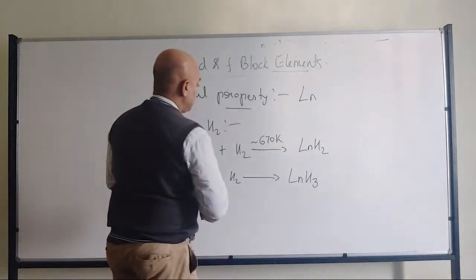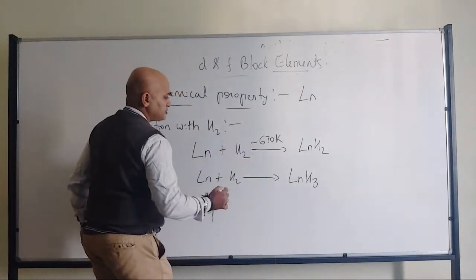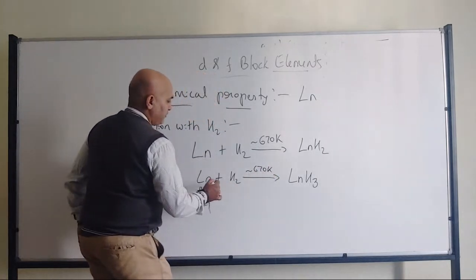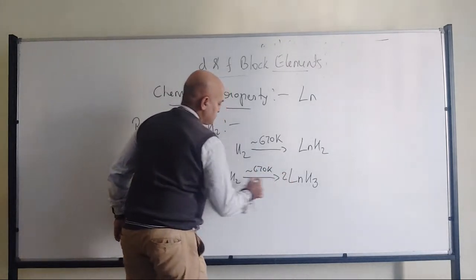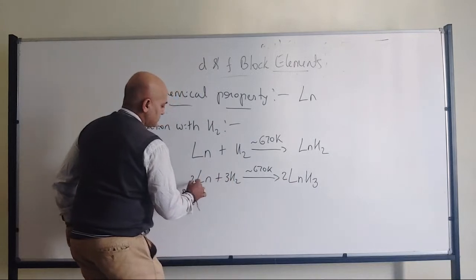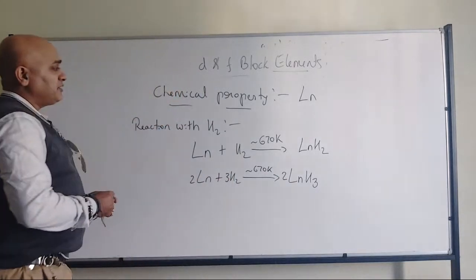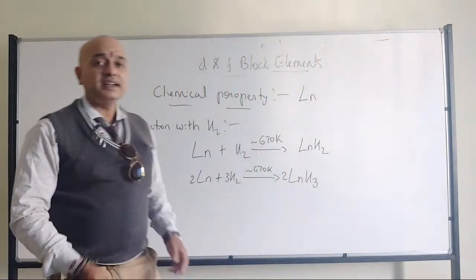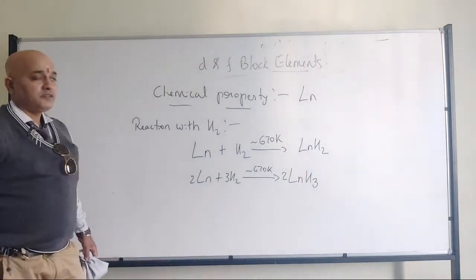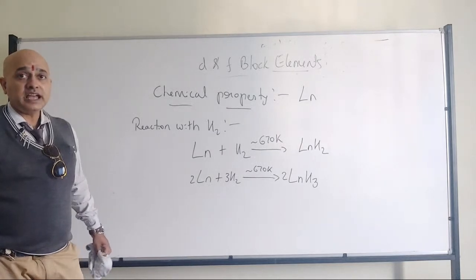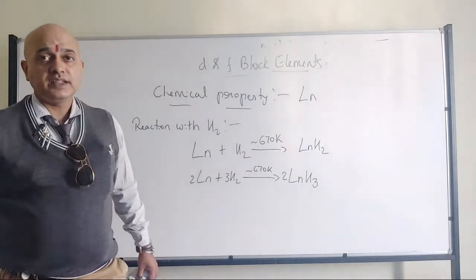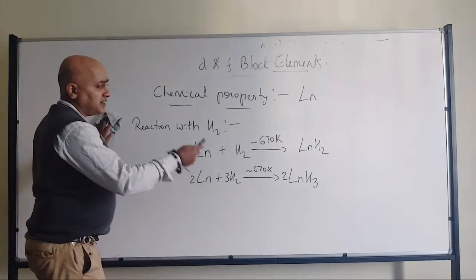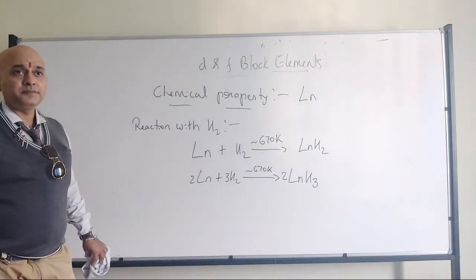So by increasing the concentration, the first one is LnH2 and the second one is LnH3. So these are the 2 types of hydrides which will be formed from the lanthanides with hydrogen. So they are behaving like metals. What is the oxidation state of hydrogen here?